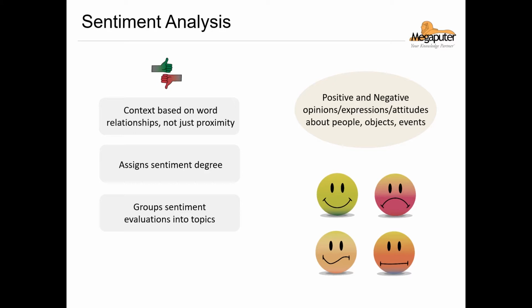And the sentiment analysis node in PolyAnalyst does this for us by using semantic dictionaries to find the umbrella terms, or the hypernyms as we call them in linguistics, for various words and topics. So using semantic dictionaries like this removes the need for us to manually group these related topics when we encounter them. And this is particularly helpful when we just want to get a quick overview of the sentiments in our text data.